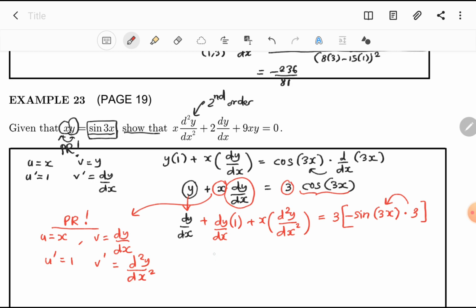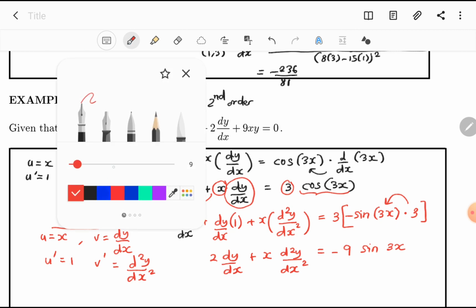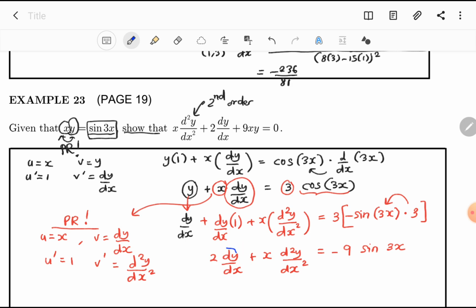So from here, we have 2 dy dx plus x d squared y dx squared equals negative 9 sine 3x. And if you notice here, we have 2 dy dx, the same term already, and next x d squared y dx squared.